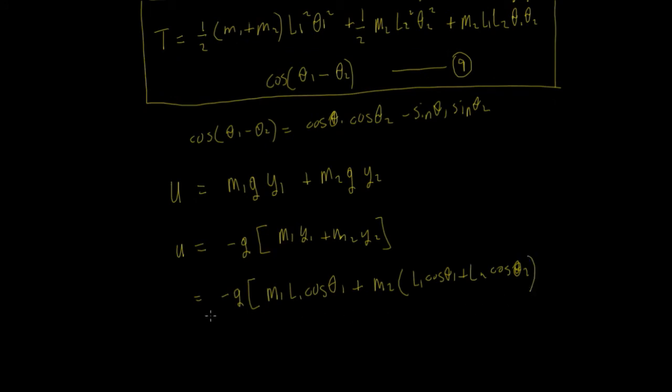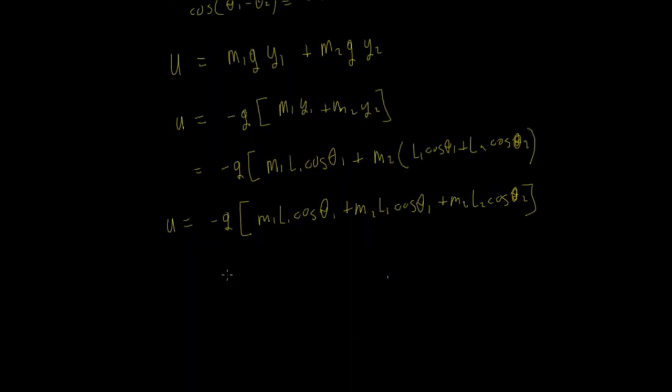potential energy. Now we can rewrite that as U equals minus g, and we're going to have m1 L1 cos theta 1 plus m2 L1 cos theta 1 plus m2 L2 cos theta 2, and then we can finally rewrite that as U equals minus g, gathering like terms, m1 plus m2, and we have L1 cos theta 1 plus the value m2 L2 cos theta 2.